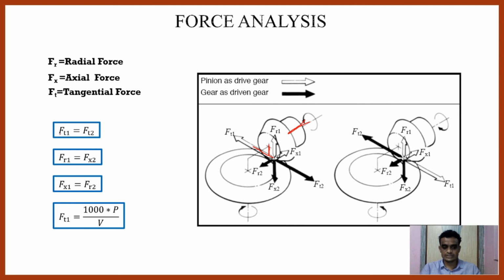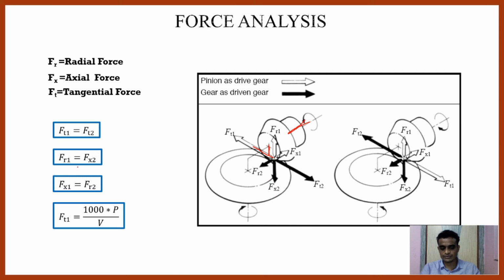Okay, now in this case, just try to understand, for both the gears ft1 and ft2 are along the same axis. That means ft1 is equal to ft2. Now just consider the second pair, the forces along the vertical axis. That means fr1, which is the radial force of this gear, is the axial force of its counterpart.